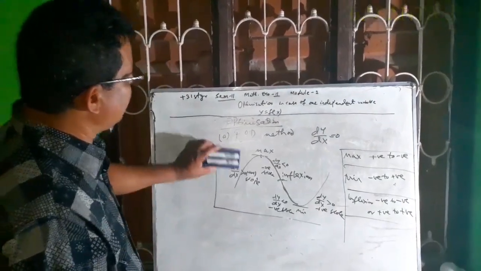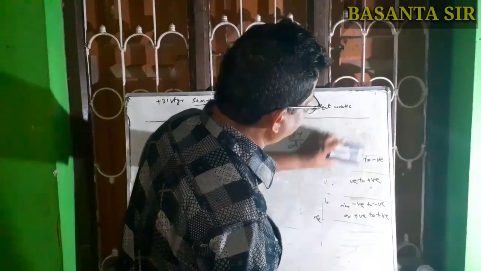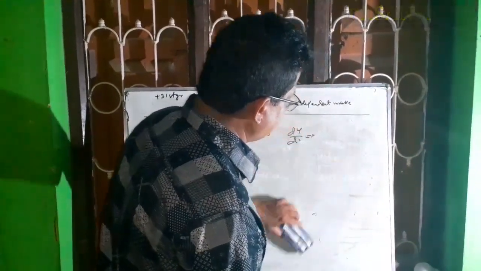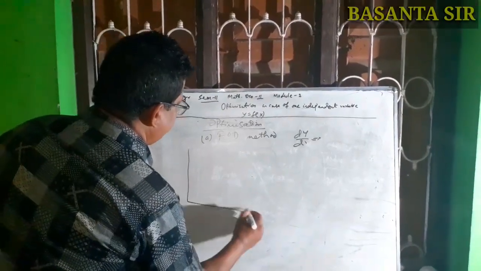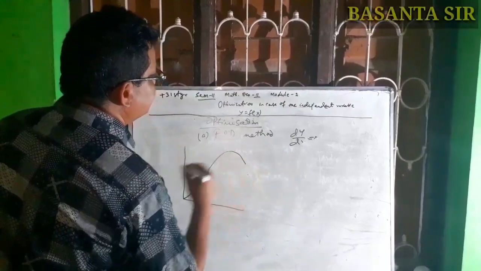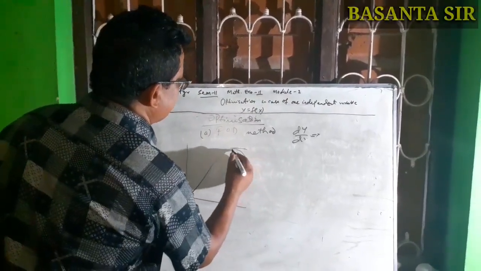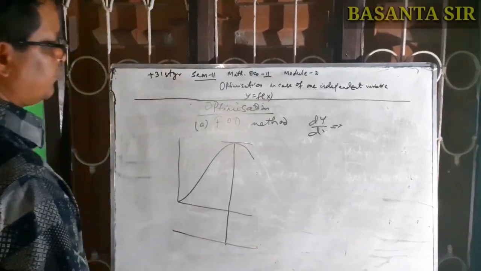In economics, we will find a very interesting thing, that the total utility function is maximum here. How is it maximum?